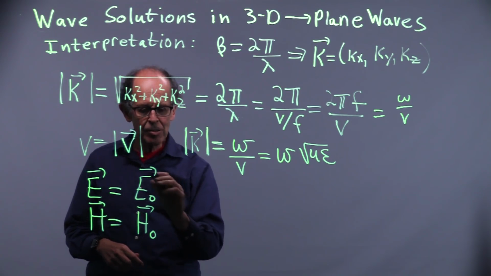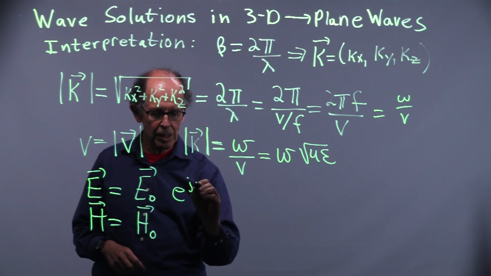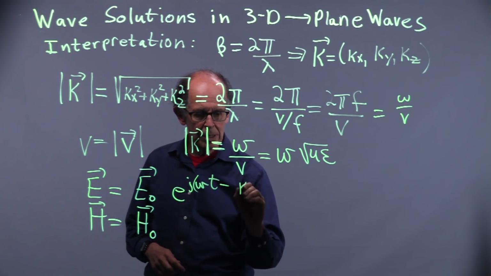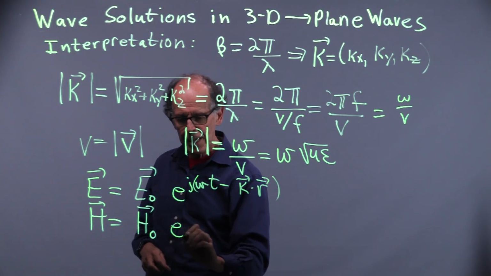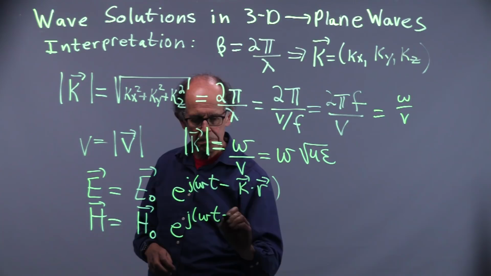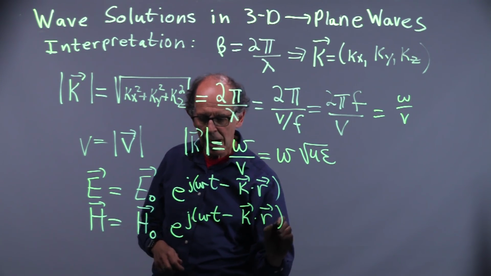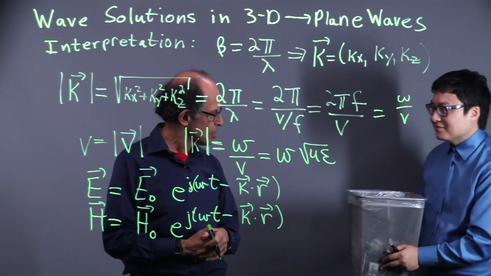So that's a constant vector amplitude, e to the j omega t minus k dot r, and the same for h. And we'll see how, when you substitute that into the Maxwell equations, it all works.